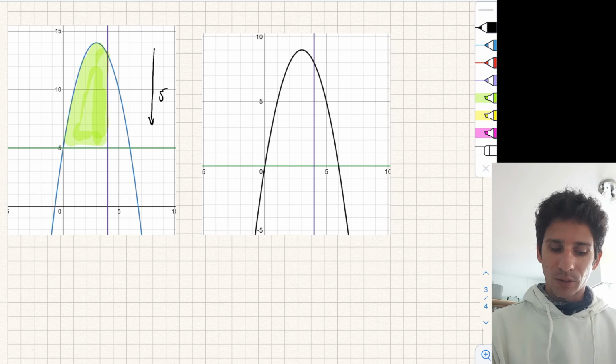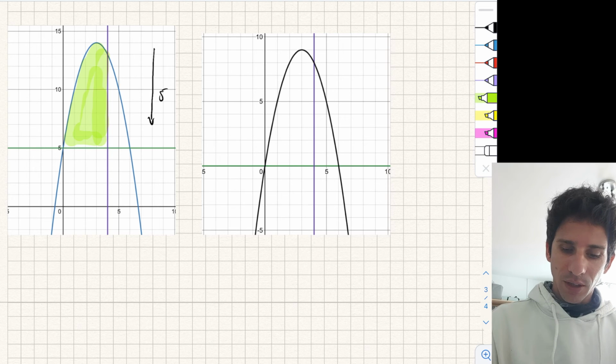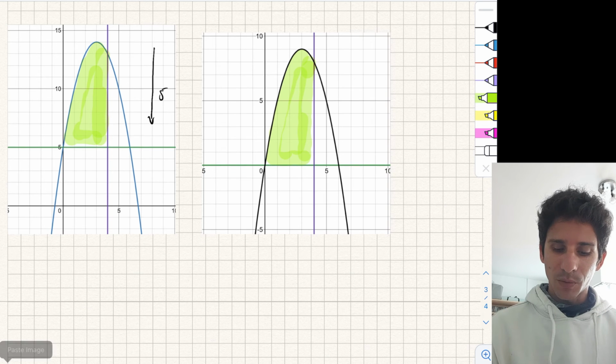So my y equal to 5 line has just moved down to the x-axis, the whole curve has just shifted down. However, if you have a look, the area that we've asked to find is exactly the same, and more importantly, you can see that it's now bound by the x-axis, and this goes back to how we've been solving these problems before.